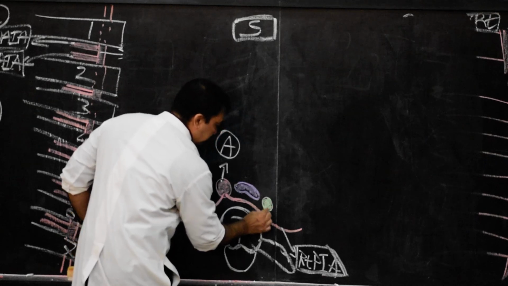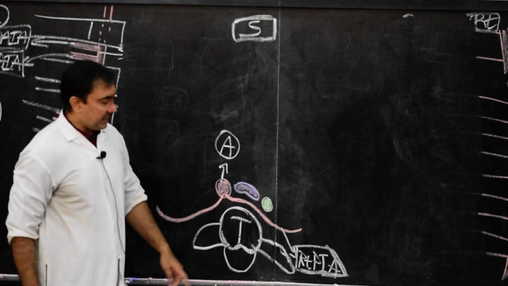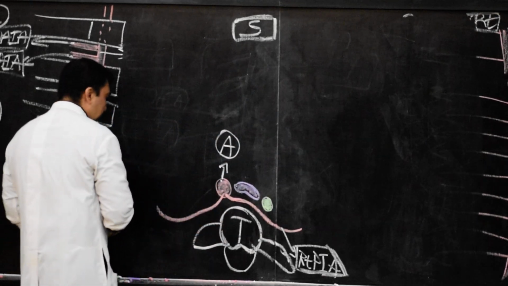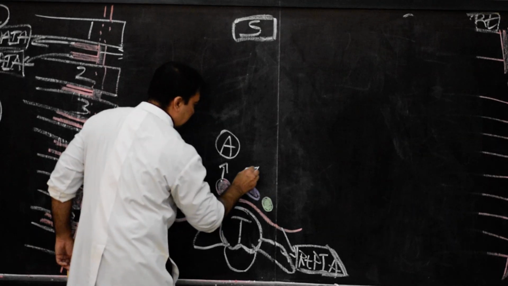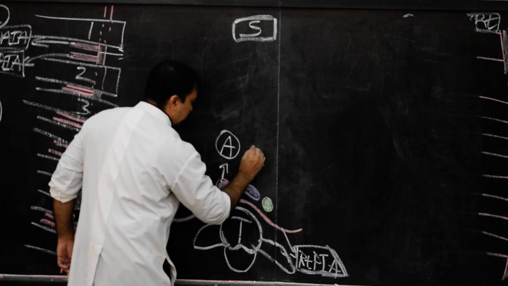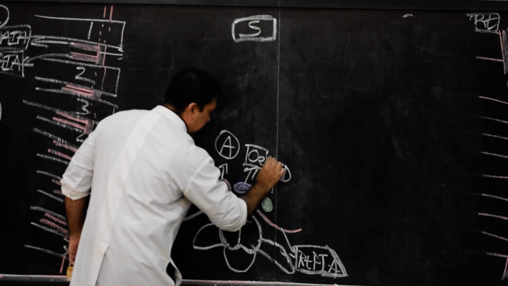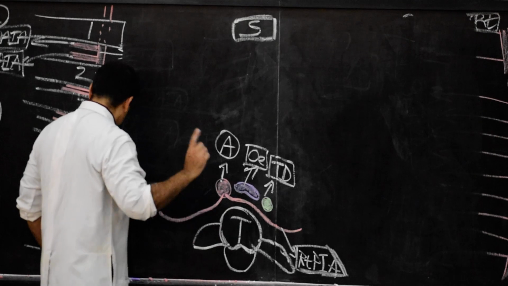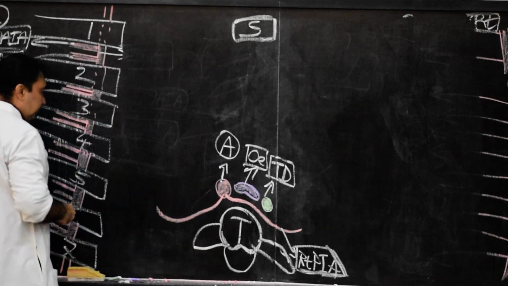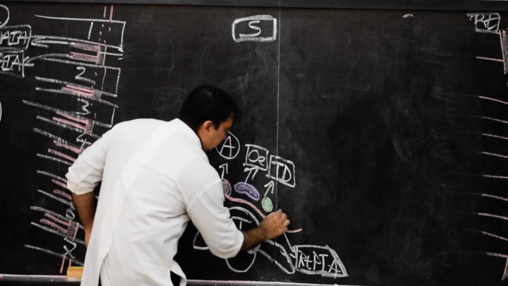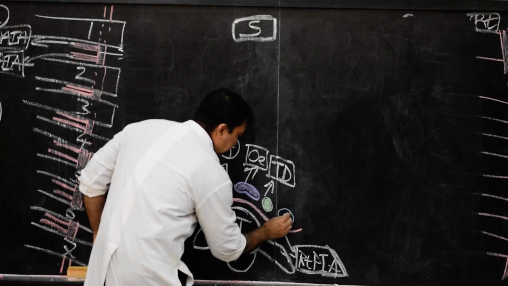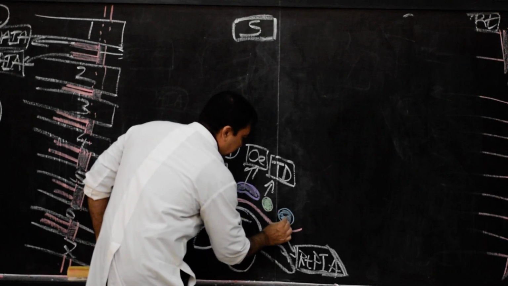Remember, this is the course of the right posterior intercostal artery. It is traveling behind the esophagus. So here I am going to mention this as esophagus. Here I am going to mention this as thoracic duct. And then we draw the azygous vein, the third structure. Here I am going to show this as the azygous vein.